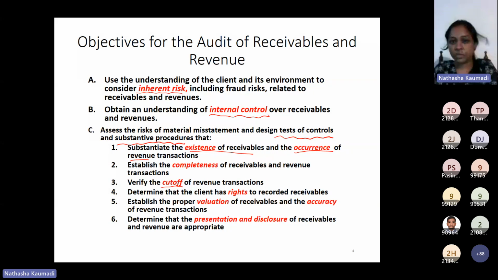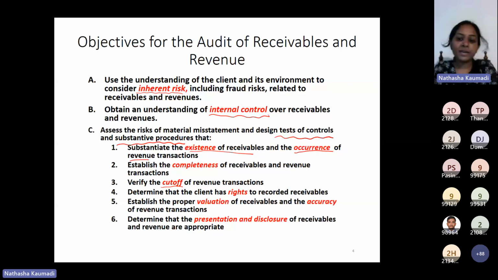After that, from January onwards, it's a new year, 2023. If 2023 January sales also have been recorded in 2022, do we have cutoff there? No, it's not recorded in the correct period. So those are cutoff issues. You need to verify whether there are cutoff issues as well.